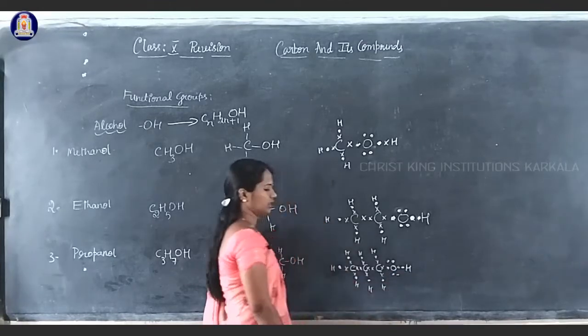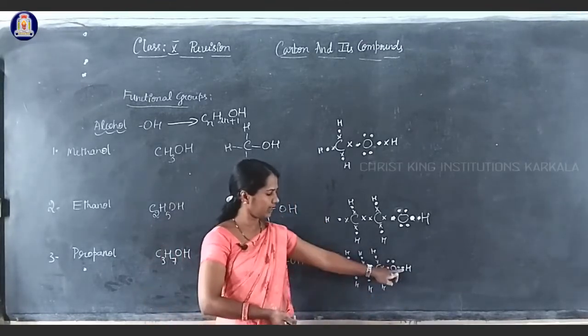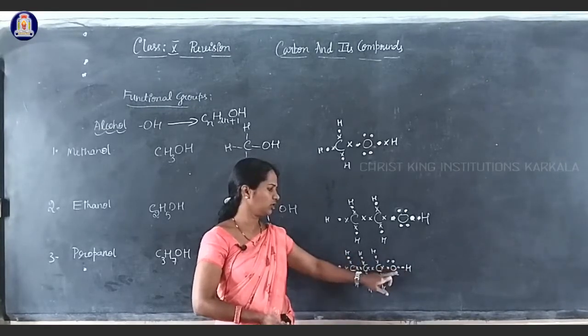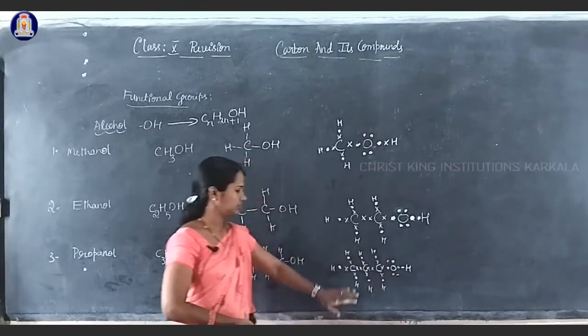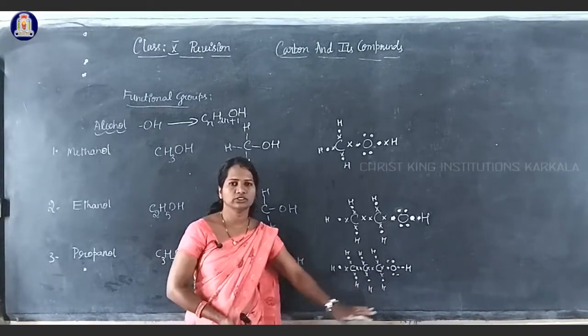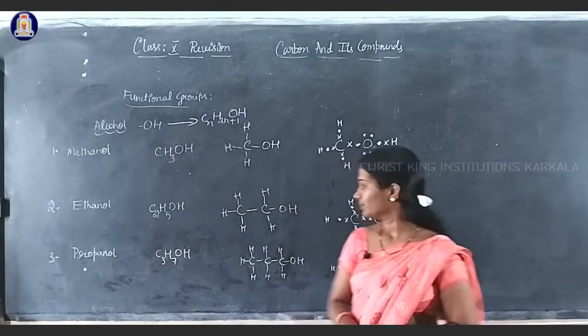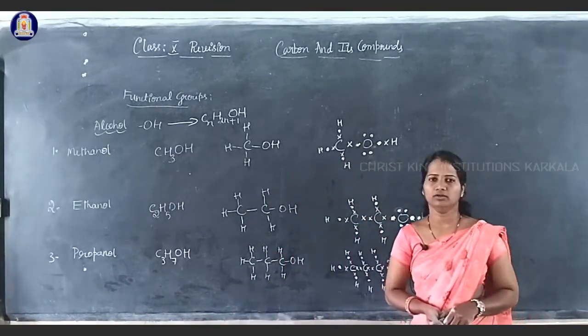This already has 1 electron, I already wrote 1 electron of hydrogen. So the valence electron of hydrogen is 1, oxygen is 6. This is the electron dot structure of the third compound of the family of alcohol, that is propanol.